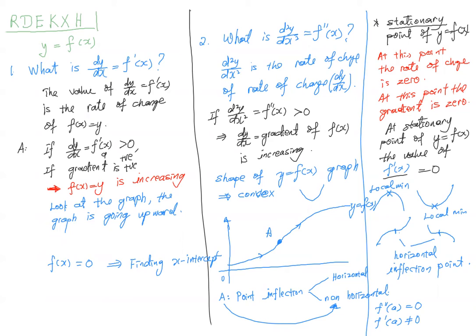So that means the gradient at this point is the steepest. Are you clear? So that is called non-horizontal inflection point. That means the gradient is at the greatest value. Are you okay?